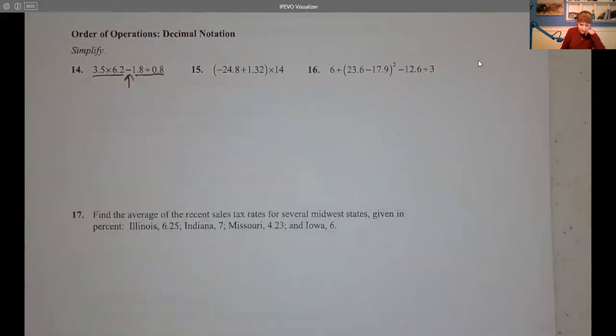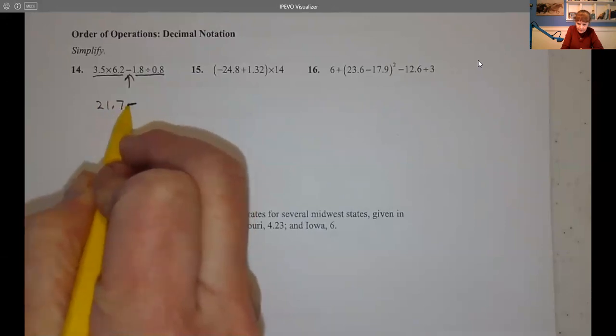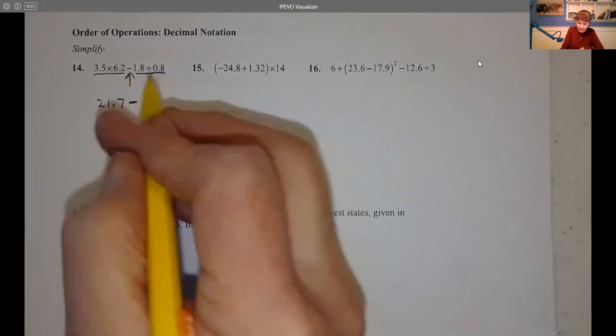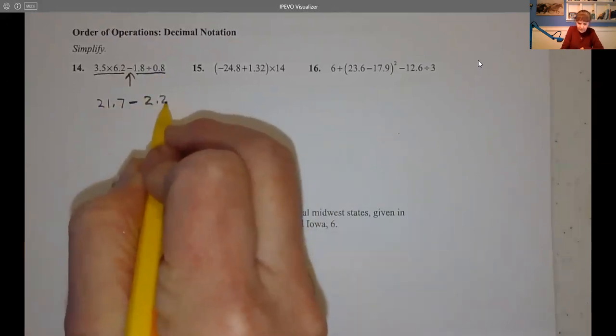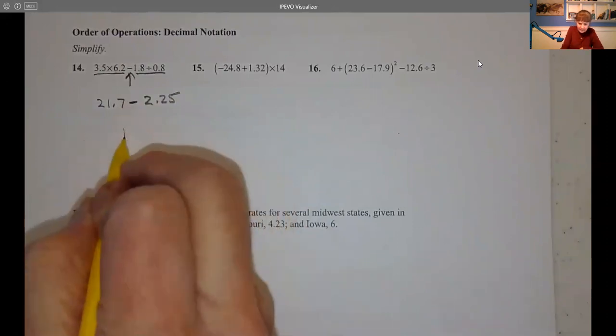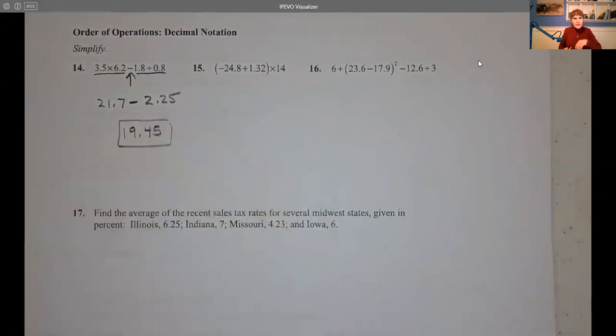So just, 3.5 times 6.2, 21.7, and then 1.8 divided by 0.8, 2.25, and then I would subtract them. And come up with 19.45. All right, just kind of a review of your PEMDAS.